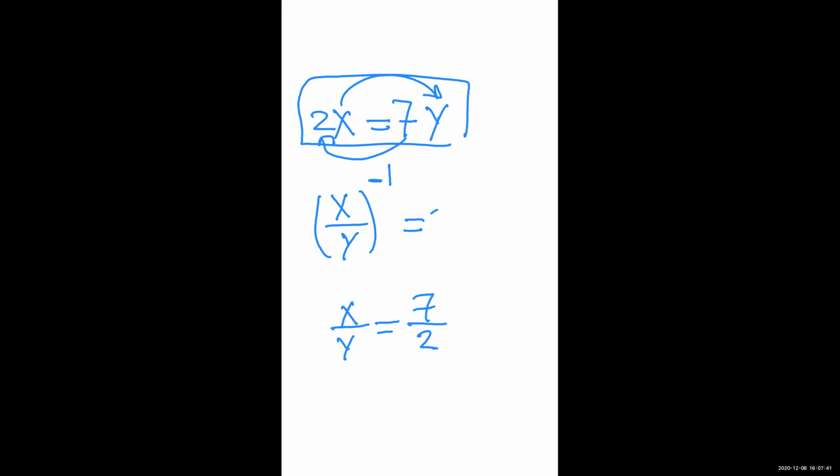Here I want to get x over y at the power of -1. So this one at the power of -1 will become in the numerator. So x over y at the power of -1 will equal 2 over 7. So the right choice is the first choice, letter A.